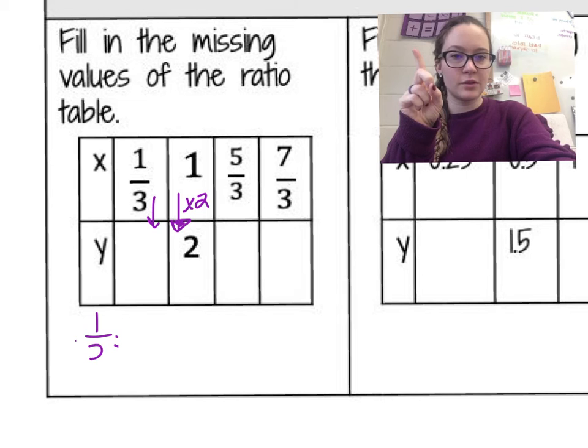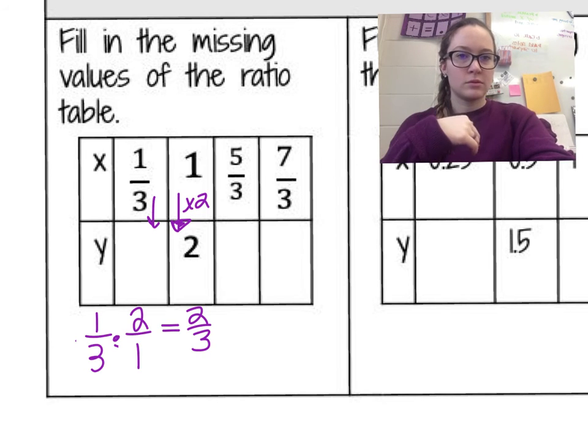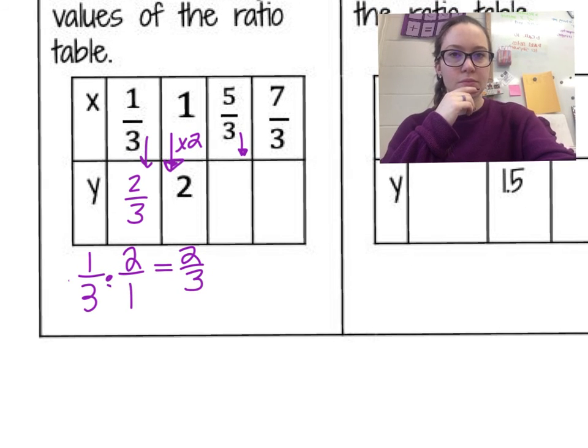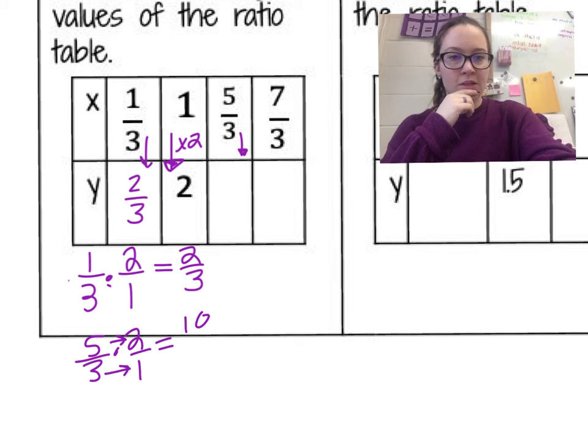So I'm going to take 1/3 times 2. 1 times 2 is 2. 3 times 1 is 3. So you get 2/3. Okay. So then 5/3 times 2. 5 times 2 is 10. 3 times 1 is 3.